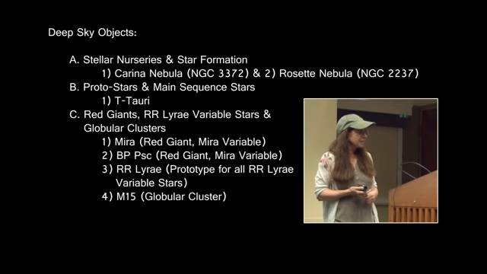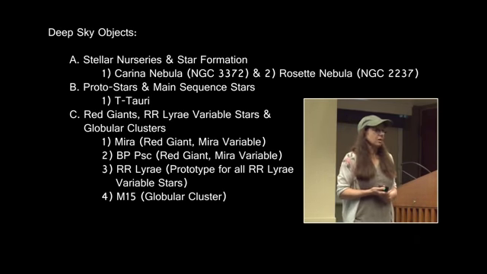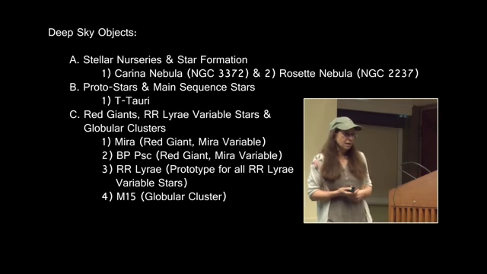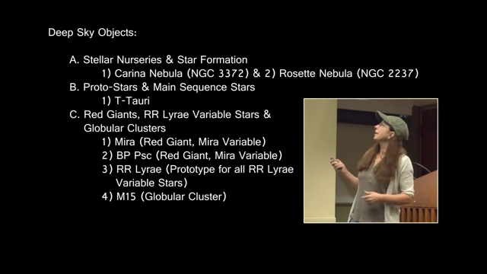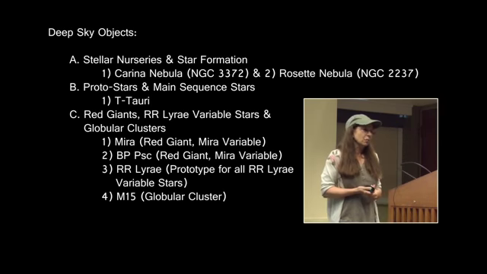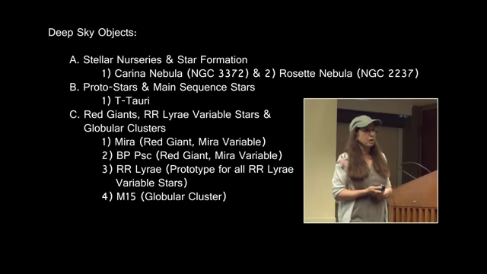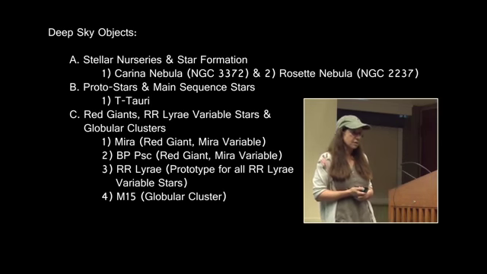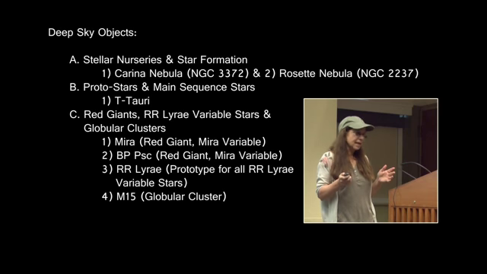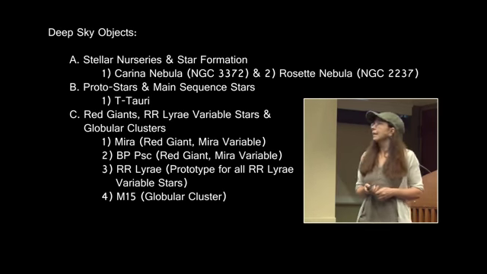Stellar nurseries, of course. We have two deep sky objects representing stellar nurseries, the Rosette Nebula and the Carina Nebula. We have one representation for the protostar stage of stellar evolution, the T Tauri, that is specific to the solar mass category stars only.